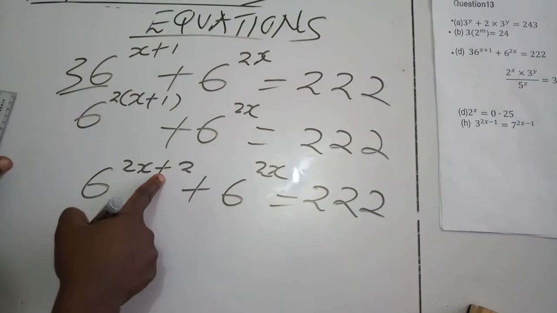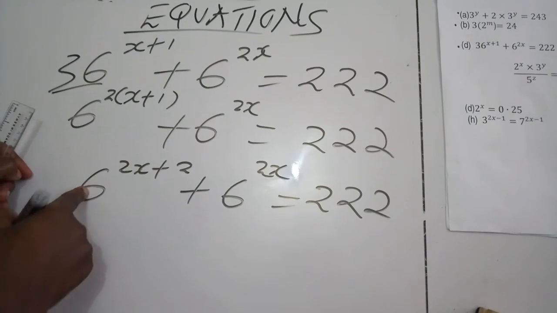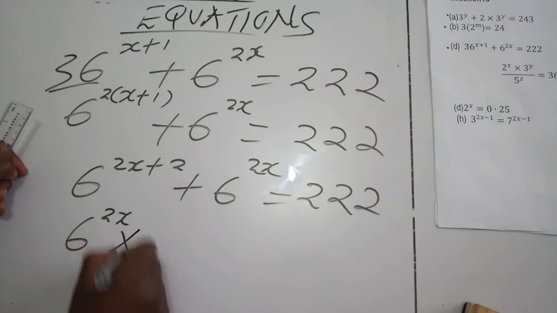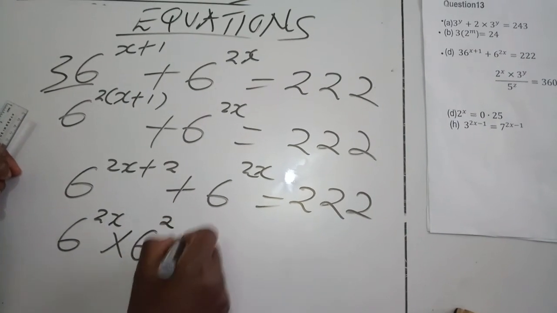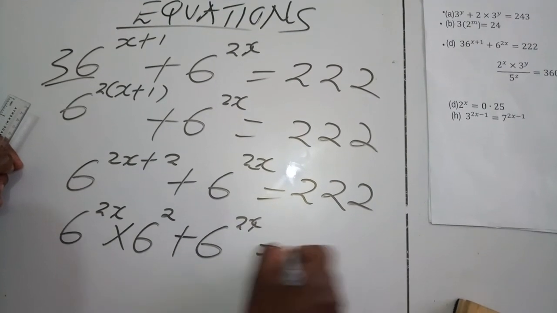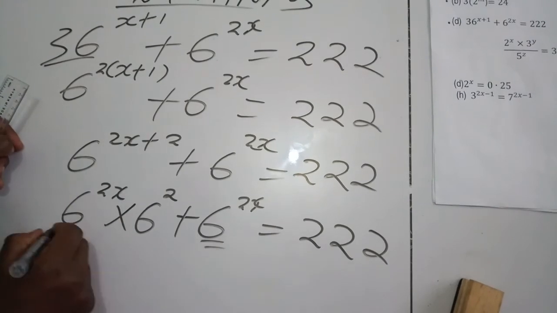Having a plus, it means we were multiplying numbers of a similar base, and that base is 6. So I'll break this into 6 power 2x times 6 power 2 plus 6 power 2x is equal to 2.